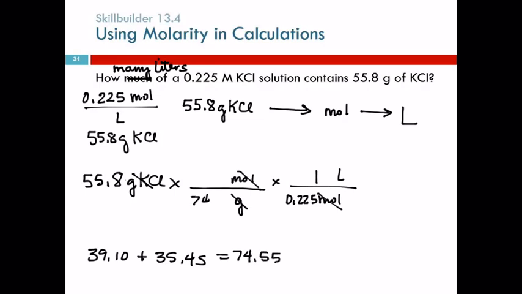So 74.55 grams down here, 1 mole up there. 55.8 divided by 74.55 divided by 0.225. Again with the 3 sig figs, 3.33 liters. Any questions?